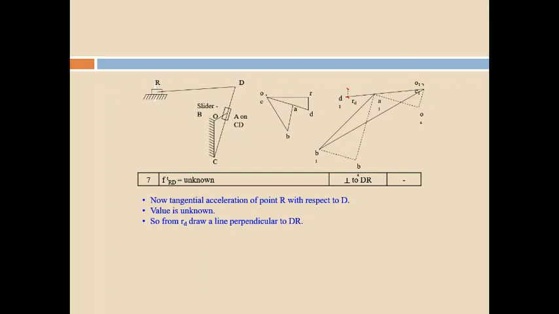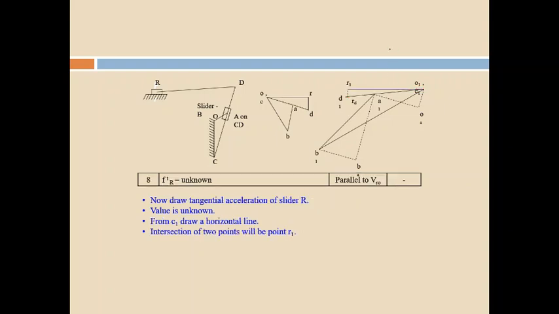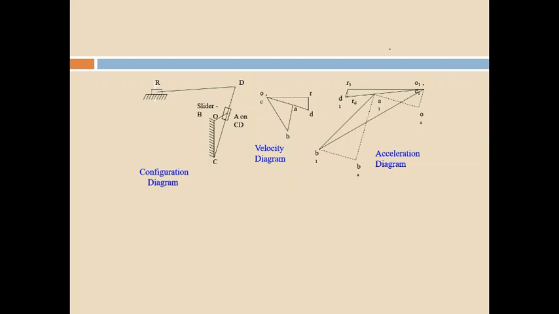I don't know the value, but I know in which direction it will travel, so just draw a parallel line for the piston. That parallel and this tangent meet at this point, and that is point R. Now the acceleration diagram is over.